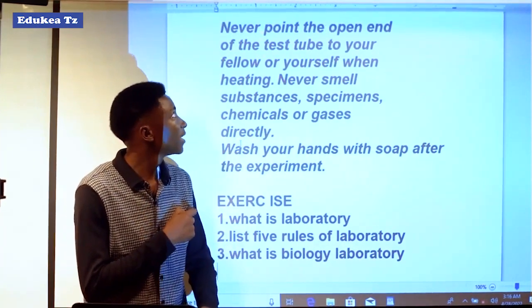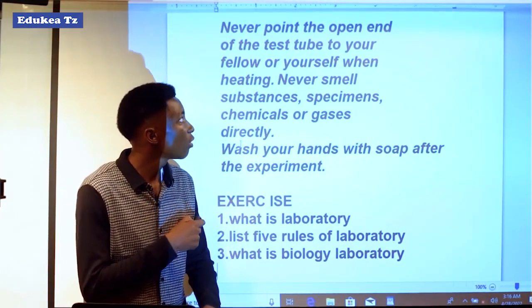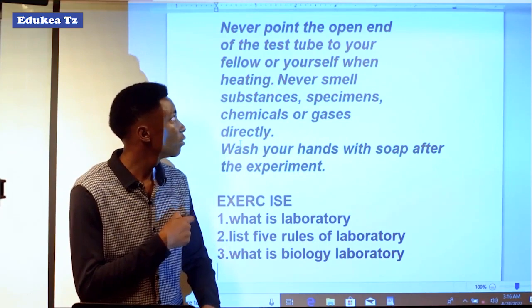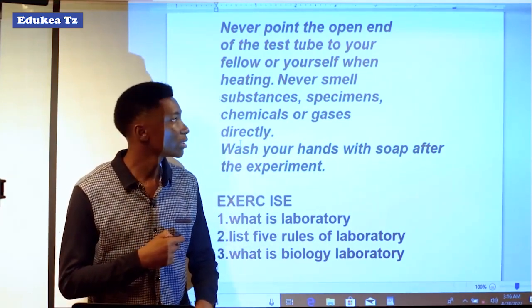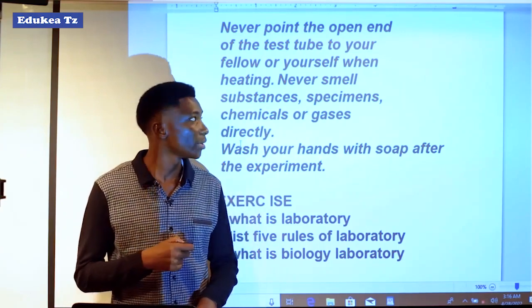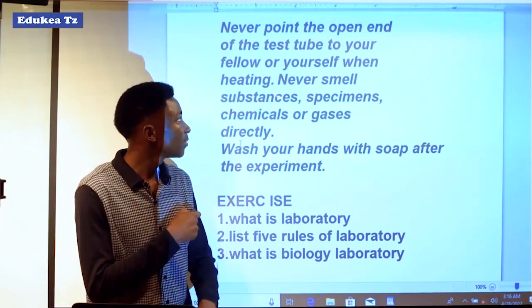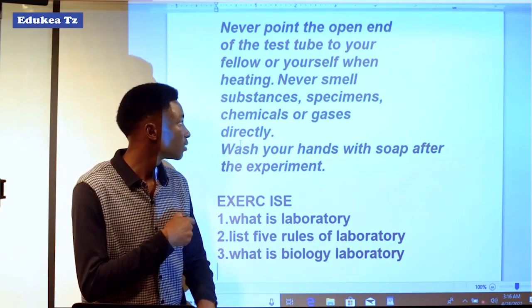So, never point the open end of the test tube at your fellow or yourself when you are heating, because you may cause a fire or an explosion in the laboratory. Another thing is never smell substances, specimens, chemicals or gases directly.